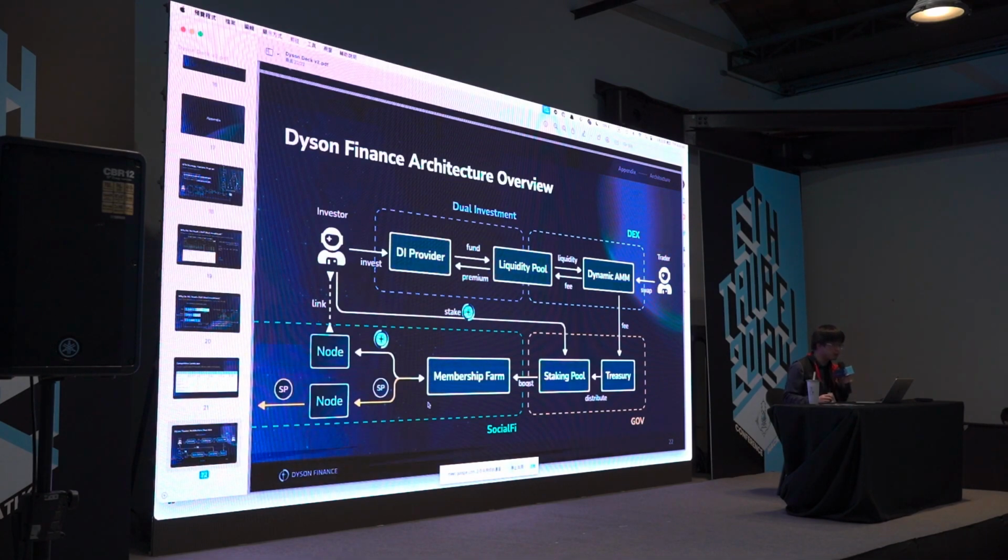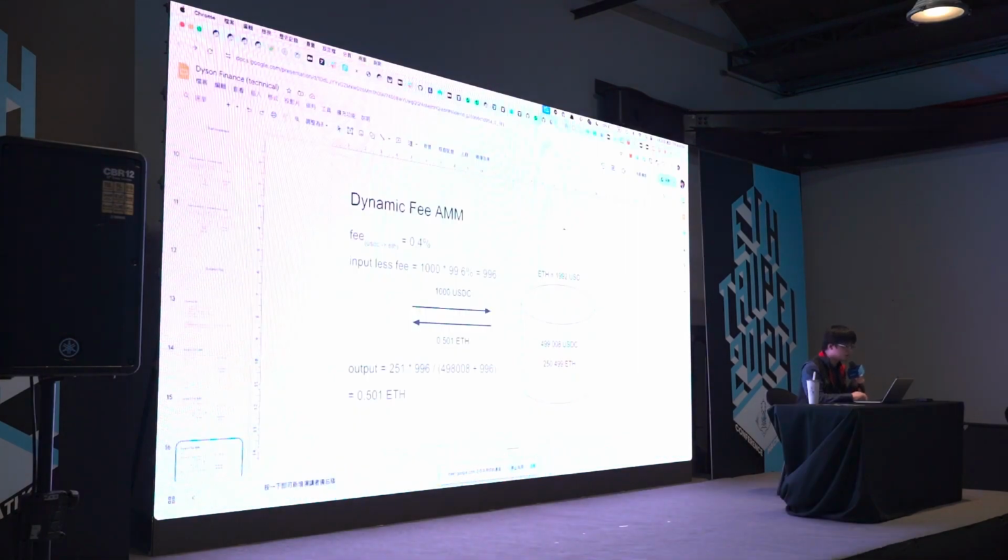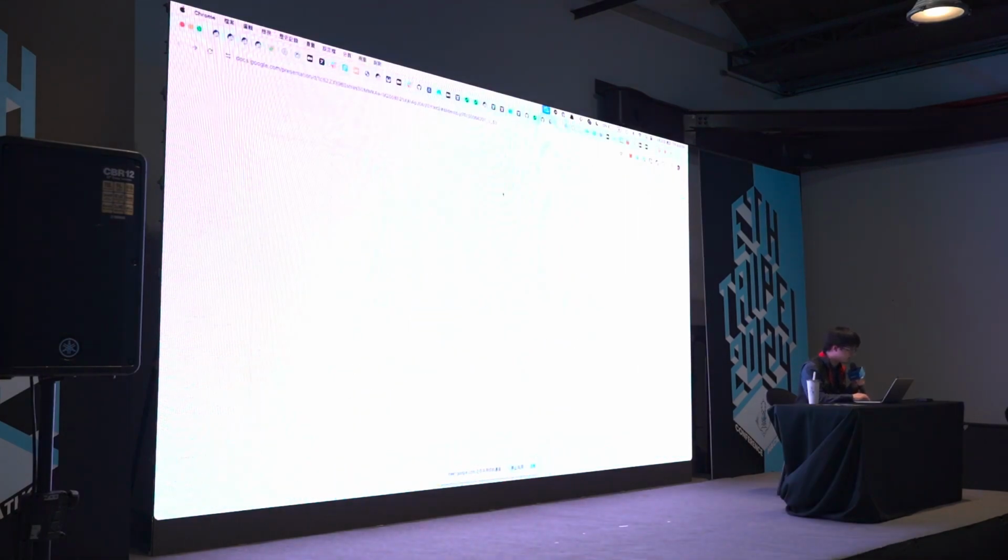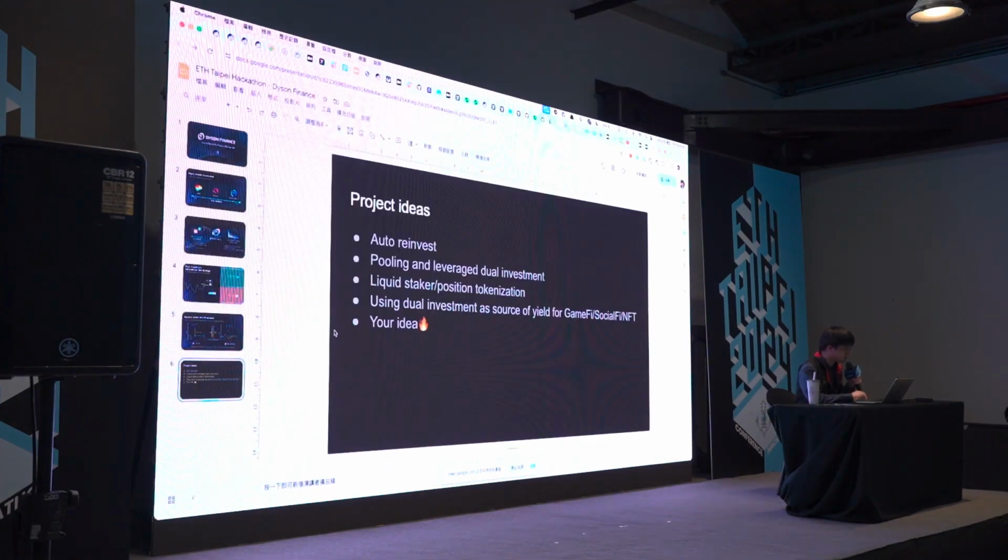Yeah. And some product concepts shared in the previous introduction, I can recall again. First, I think they can be categorized into two different sectors. The first one is projects or tools that can improve user experience of Dyson Finance.